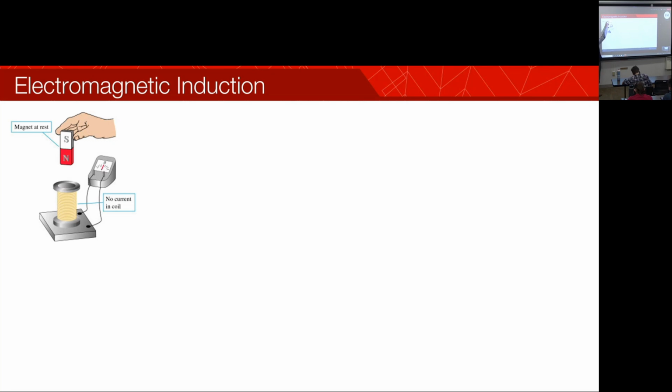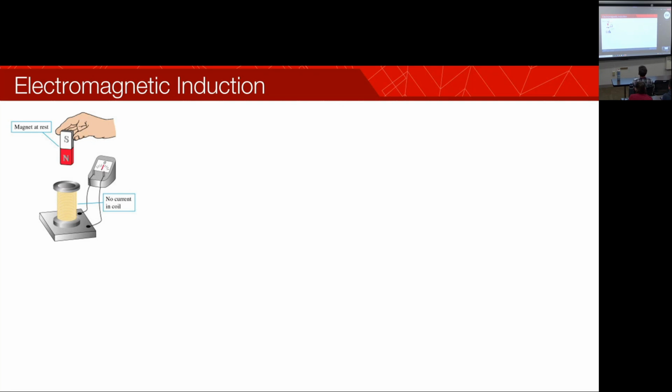As we move the magnet further away, the magnetic field drops off 1 over r, so there's going to be a changing magnetic field. The magnetic field that this coil observes is going to be decreasing. And so if we move this magnet up and down, we would cause an alternating voltage. As it's moving away, the voltage would increase. As it's moving closer, the voltage would decrease. Or possibly the other way around, depending on how you look at it.